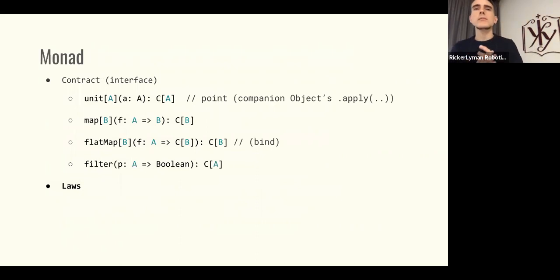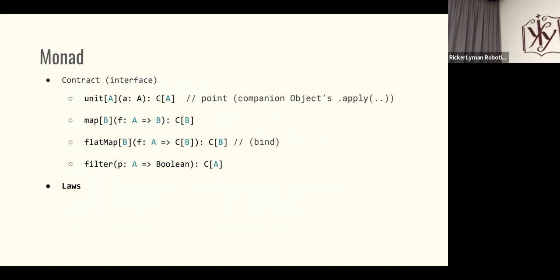Sorry, what is C of A and of B in square brackets? You mean this? Yep. This is some arbitrary interface which satisfies this contract. C is an interface. In this case, this is just to build an intuition.